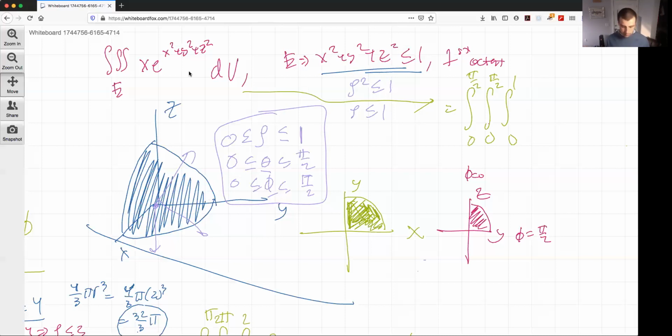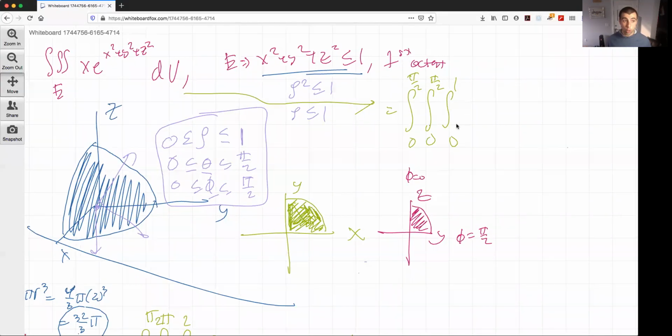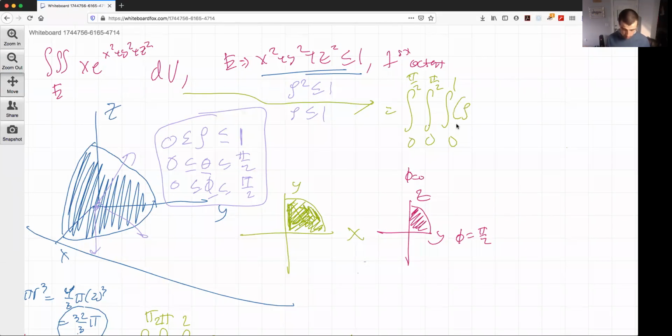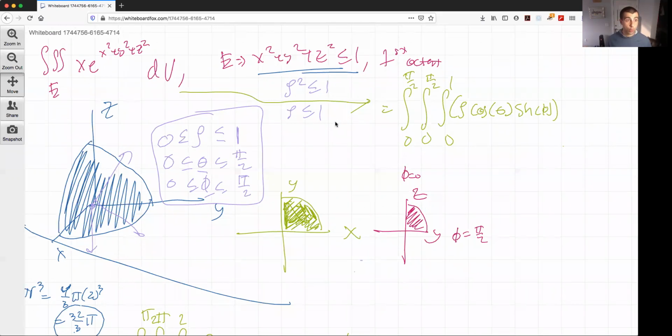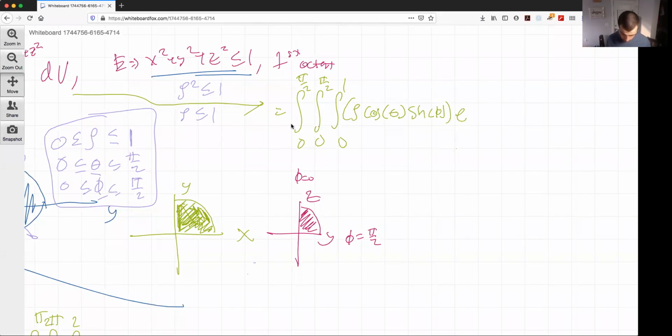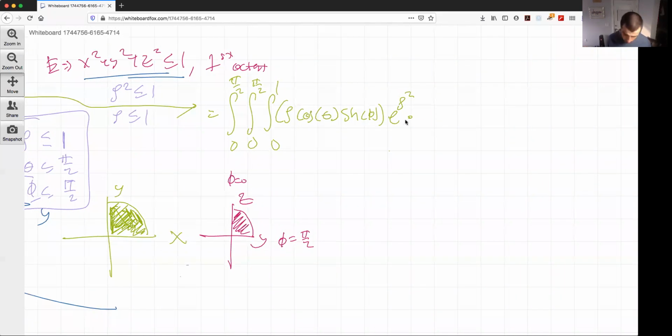The x here is rho times cosine of theta, sine of phi. I would then get e to the rho squared, because this could be exchanged for a rho squared. And then I would multiply this by a rho squared sine of phi, because that is my change in variables. This is d rho, d theta, d phi.